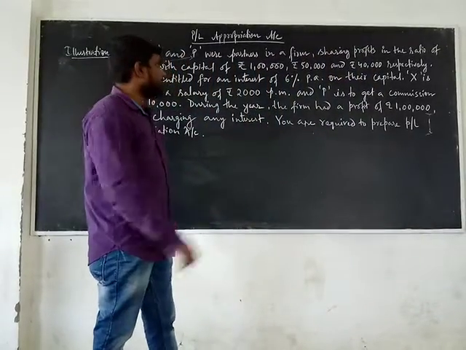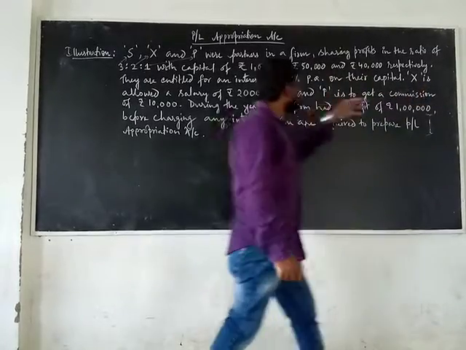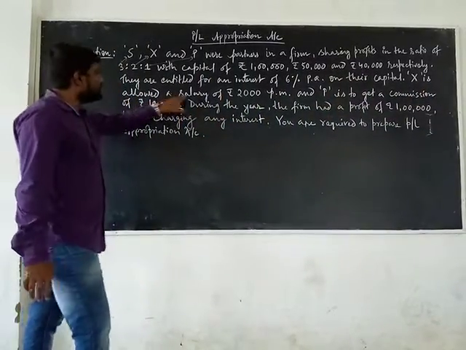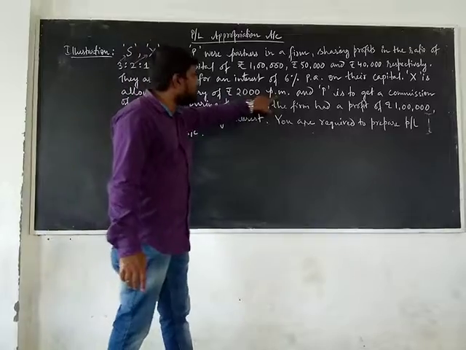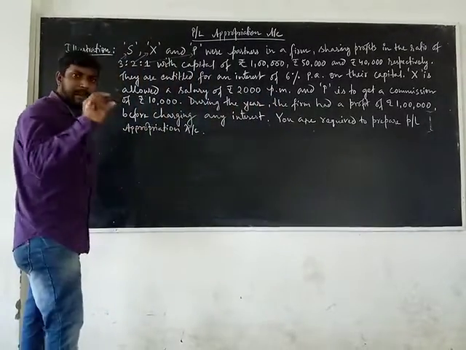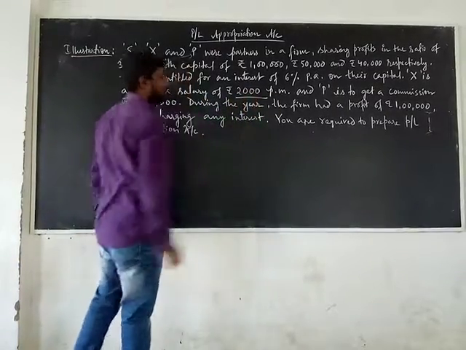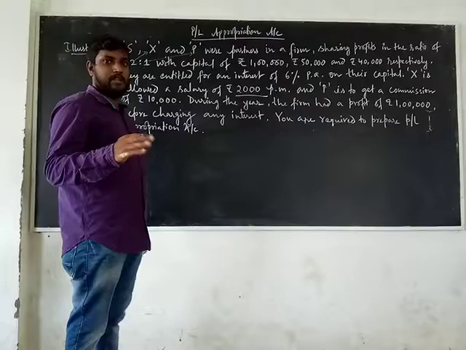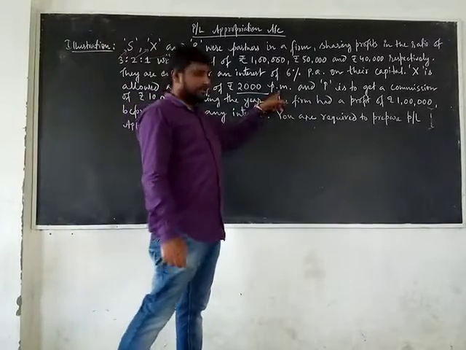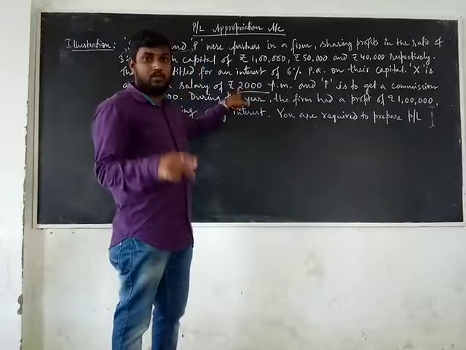Okay. Next, X is allowed a salary of rupees 2,000 per month. Now see, interesting here: only the partner X is allowed a salary of rupees 2,000 per month. Not annually, per month. That means what should be the total sum annually? 2,000 into 12.